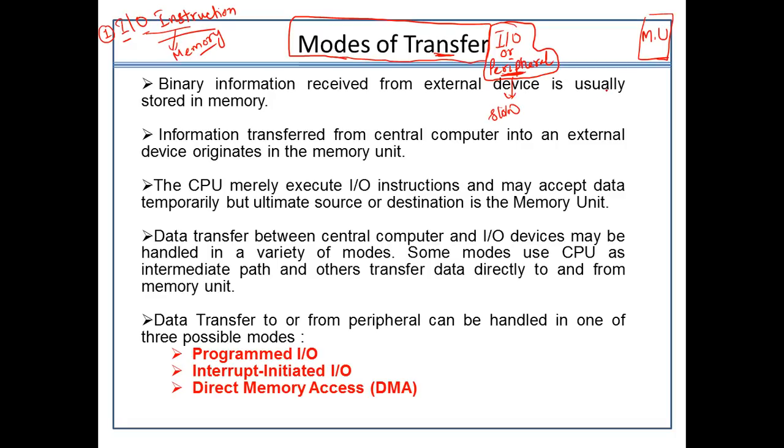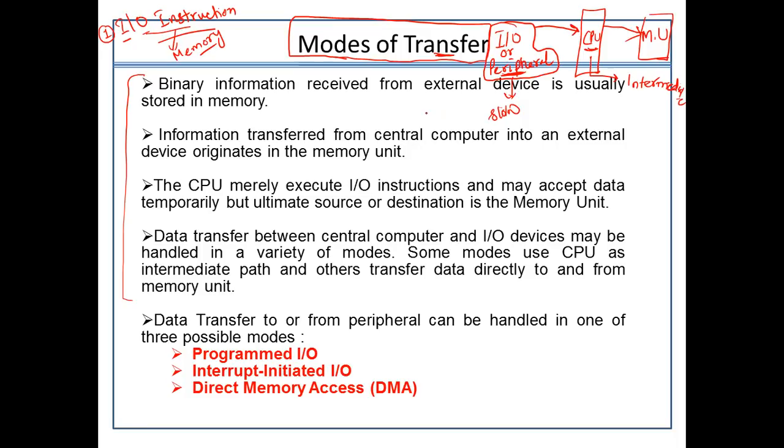So information from these peripheral devices is sometimes shared with the CPU, and from the CPU it is taken to the memory unit. So the idea is that this CPU sometimes acts as the intermediate agent to make the transfer successful. This is the entire point written here in these points.